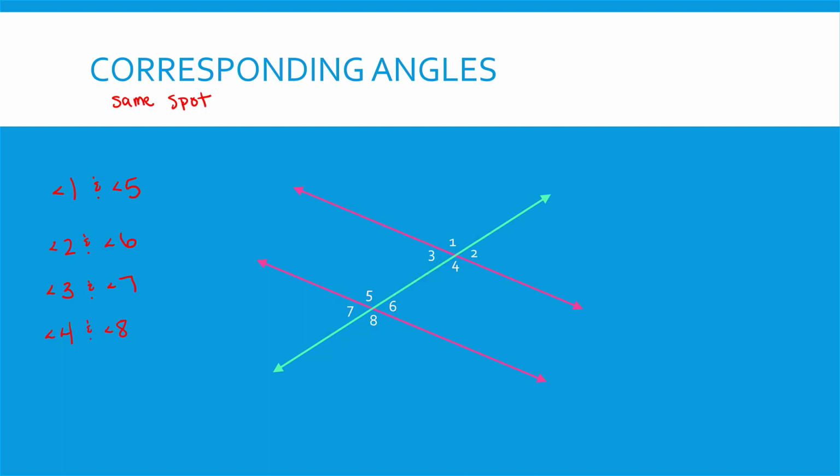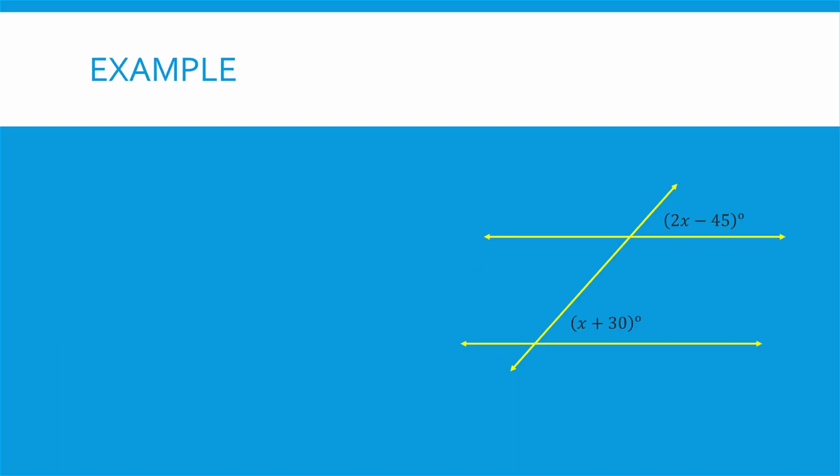So what does this mean for us when we're trying to solve for variables and angles? Here's my set of corresponding angles. And again, we're going to take this top intersection and slide it down so it overlaps with our bottom intersection. You can actually see that these two angles are in the exact same location and they're the same measure, which means I want to set these two expressions equal, because corresponding angles are congruent.